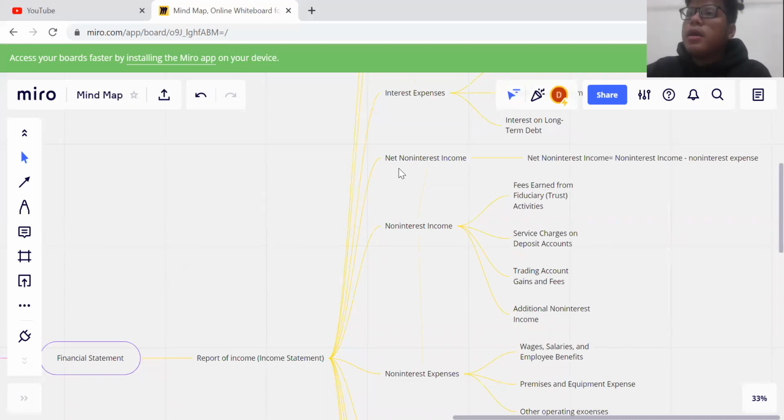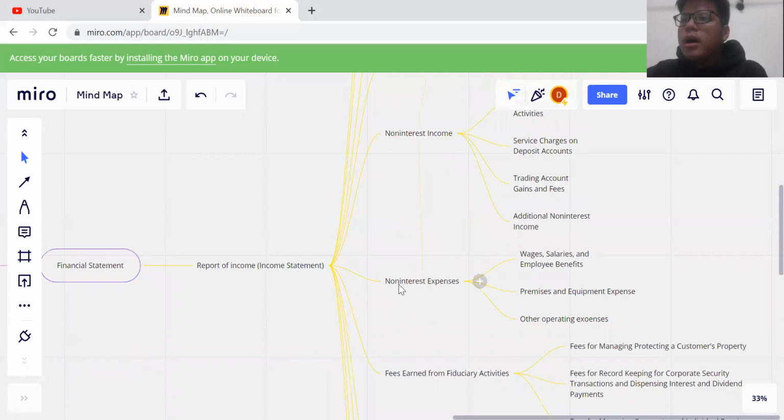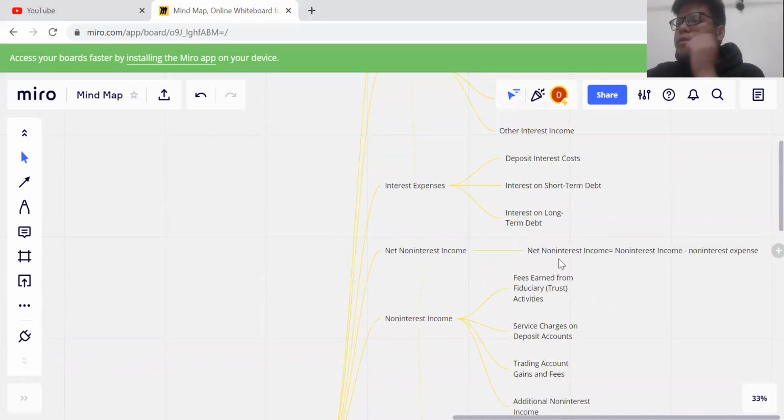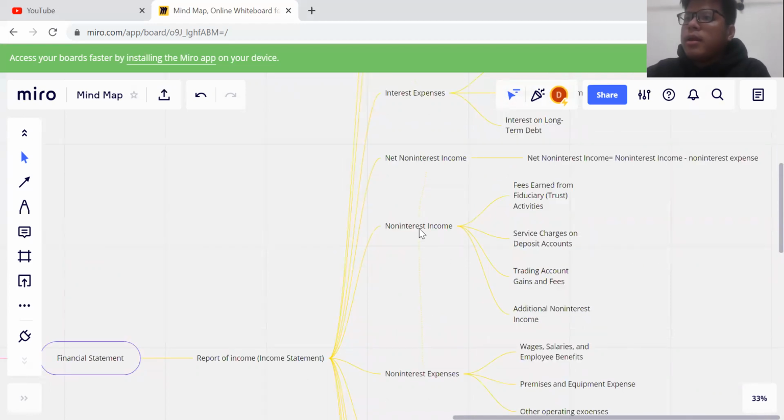Moreover, we have net non-interest income and non-interest expense. The equation describing this relationship is: net non-interest income equal non-interest income minus non-interest expense.